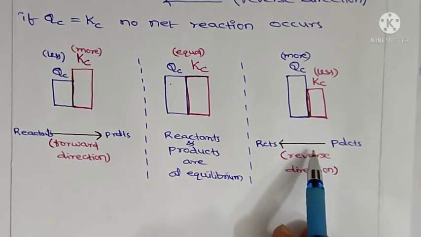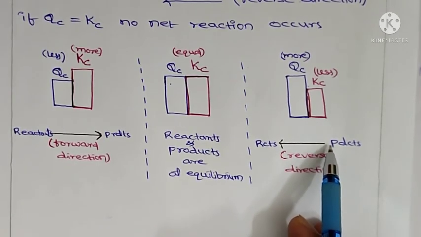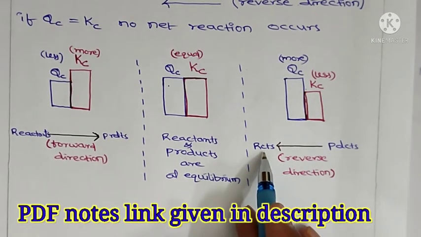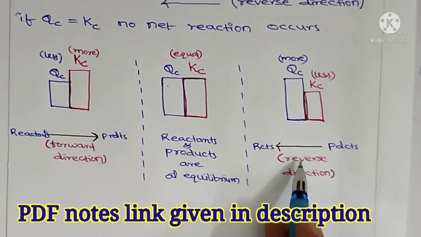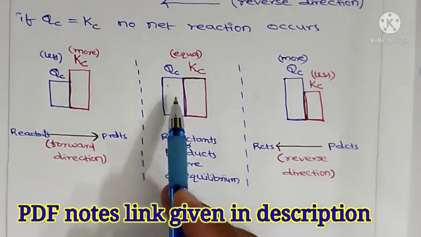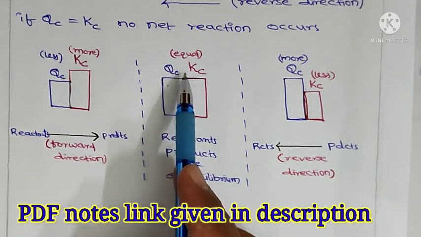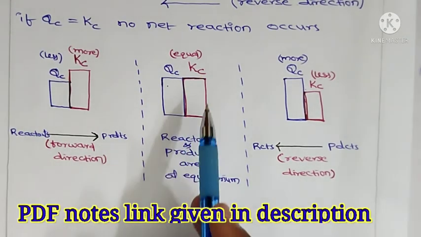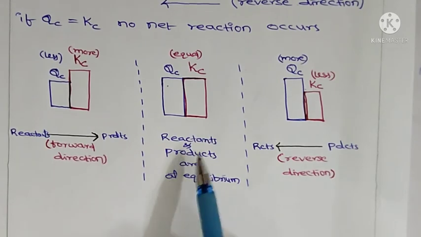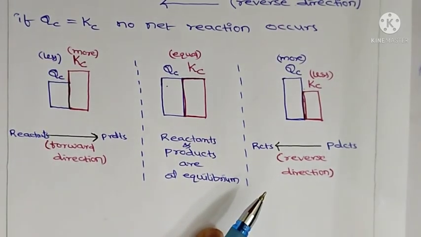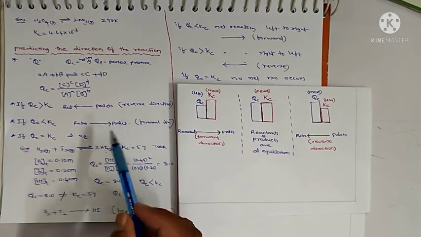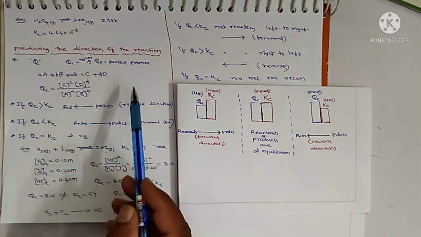Consequently, the reaction goes from right to left, products to reactants, so it is a reverse direction. And when the Qc and Kc values are equal, the reactants and products are at equilibrium. So this is about predicting the direction of a reaction.